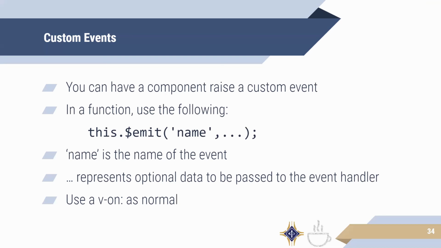What that means is you can actually send data up the chain to the event handler, even if you maybe couldn't do it normally with the components. Again, this part is optional. You only have to include that if you actually need data in the event handler. And with custom events, you can use Vue like you do normally. Just change the word click in the Vue to the name you put in the emit for the this.$emit.